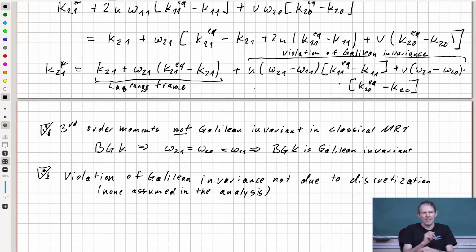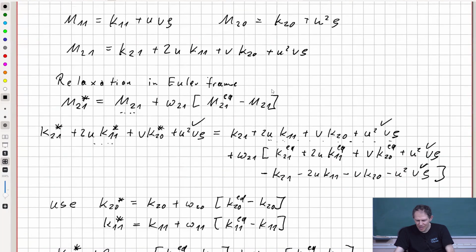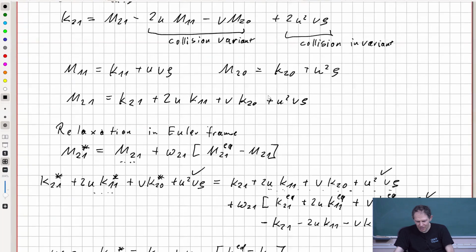So now we have this multiple, please take the mic. So in the previous page, the page before. Yeah, so there. Here. When we are starting k21 star, we are writing that after the collision.